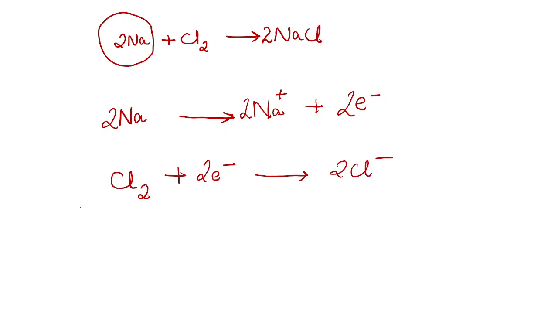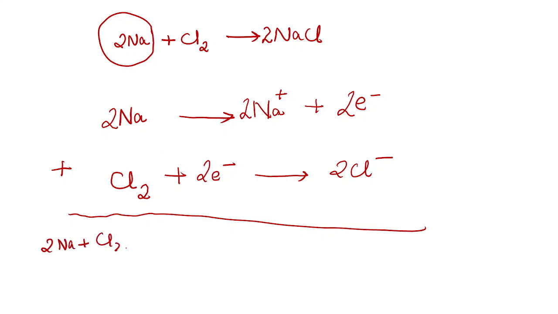Now when you are adding these two, how do we add? Left side equal to right side. Then let us add the left side, then add the right side. You will get 2Na plus Cl2 plus 2 electrons, forming 2Na+ plus 2 electrons plus 2Cl-.